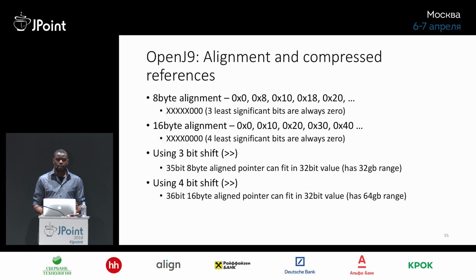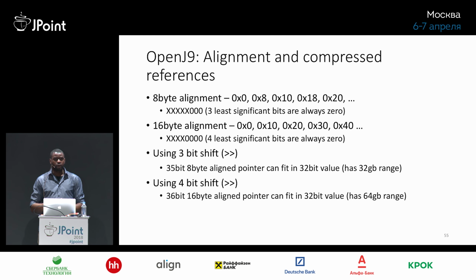This is important because it potentially gives us 3 bits to work with. Since we know that those bits will always be 0, we can use them to store extra information, and in this case, we use them for extra addressing bits. A technique is to store a larger pointer in a smaller pointer by shifting it down and discarding the zeros. So 64-bit JVMs offer an alternative mode called compressed references that does exactly that.